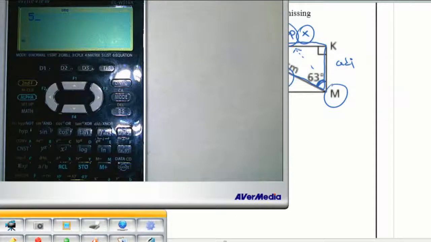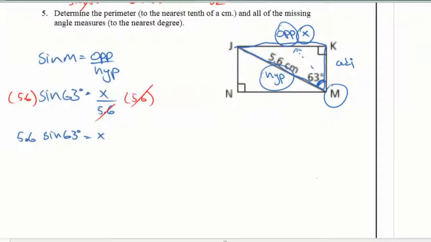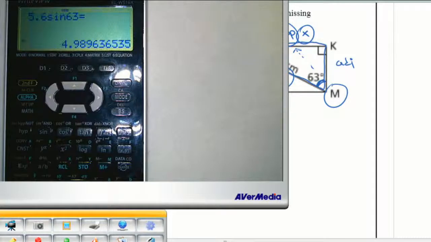I can plug it all in one line on my calculator, 5.6 sine 63. Your calculator might be a backwards type, so you'll have to go 63 sine, then multiplied by 5.6. Just depends on your calculator. And you end up with 4.989. So we'll just call it 5.